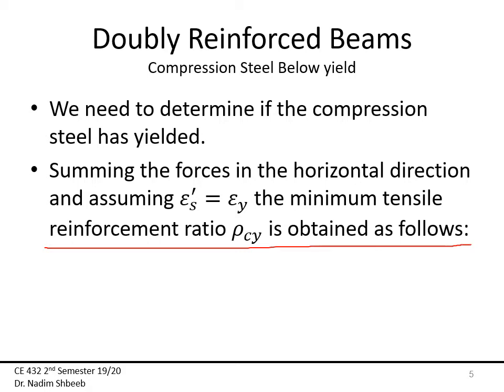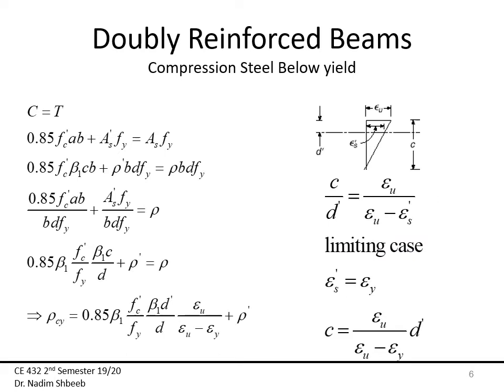To get a limit or a sense of that rho, I'm going to assume first of all that my epsilon prime s is the same as epsilon y. So I'm still going to use the same trick: compression is equal to tension, but now I'm going to find a relation to find this value over here, which is the epsilon prime s.